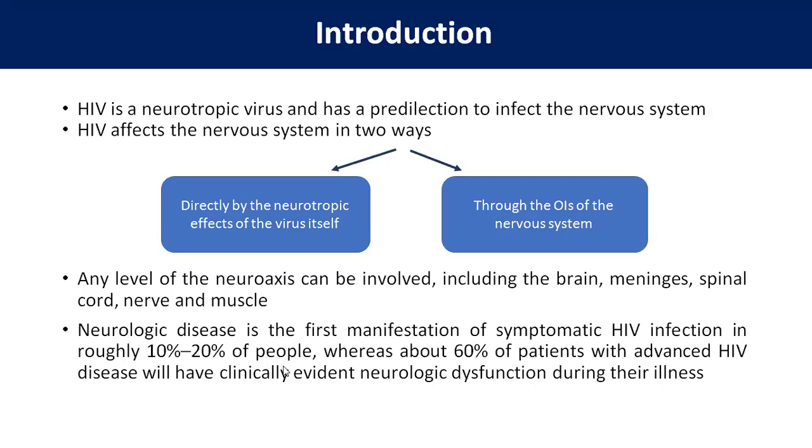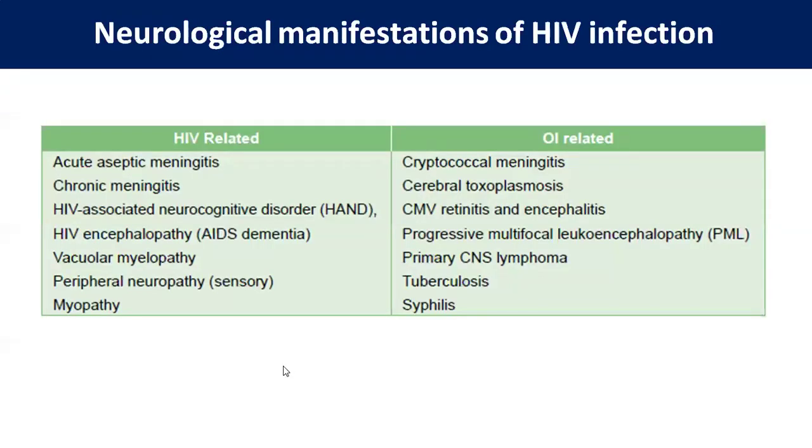Clinical manifestations of HIV: HIV related acute aseptic meningitis, chronic meningitis, HIV associated neurocognitive disorder, in short HAND, and HIV encephalopathy, AIDS dementia, vacuolar myelopathy, peripheral neuropathy, and myopathy as well.